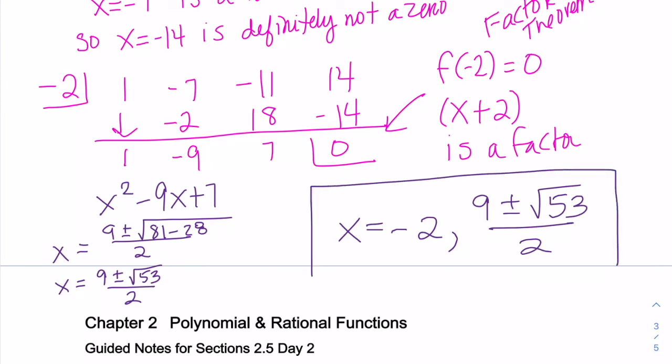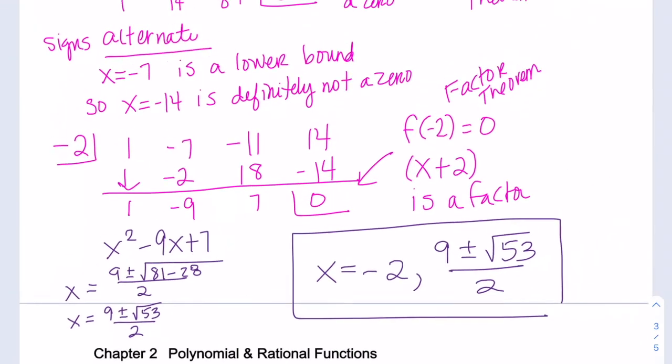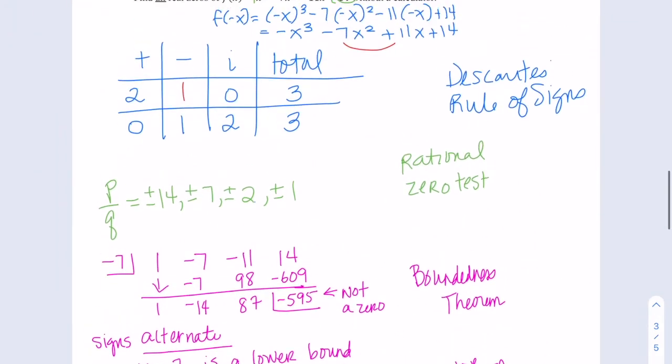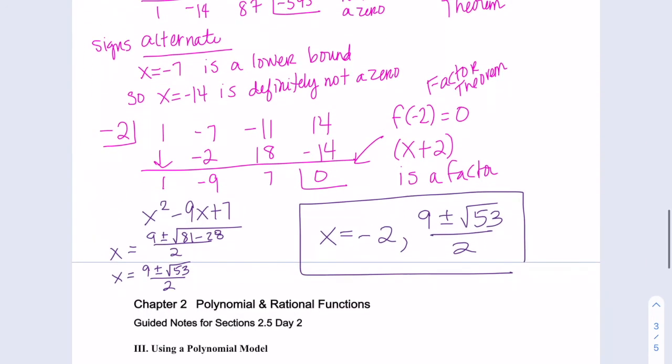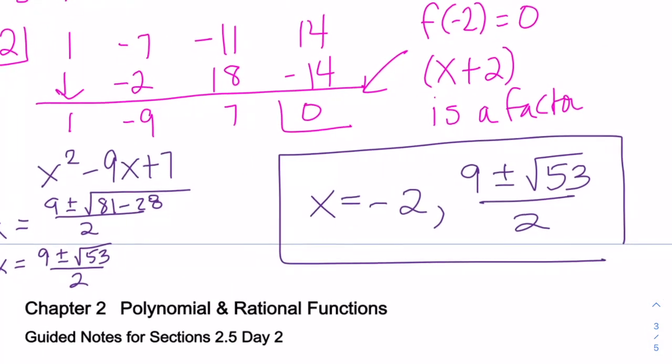So when we look at that chart again, we know we definitely have the negative root. And so it must have been 2 positives and 1 imaginary. Because even though they're irrational, they're still going to be real roots.